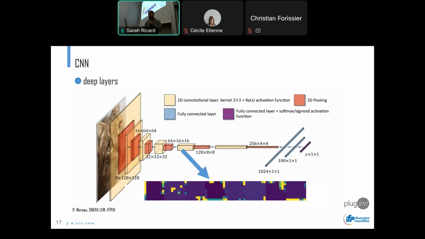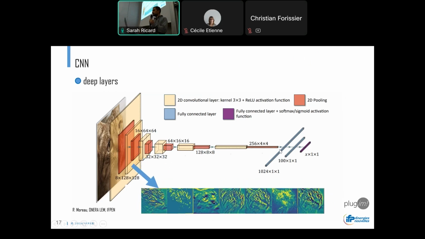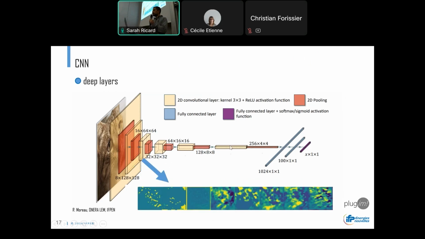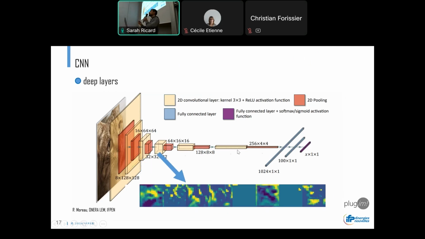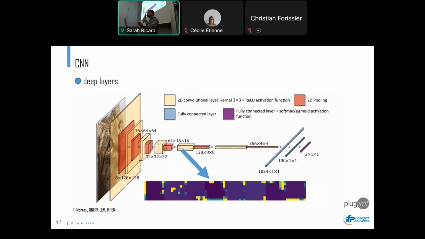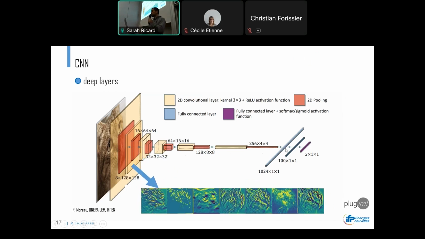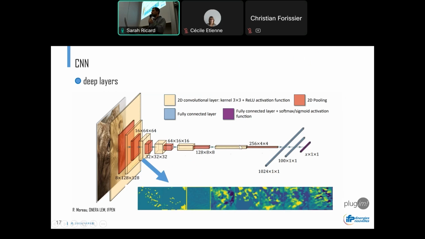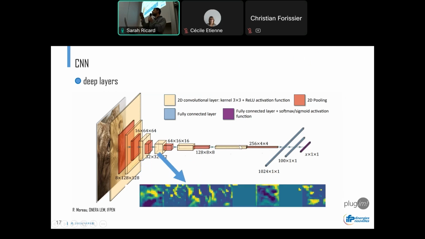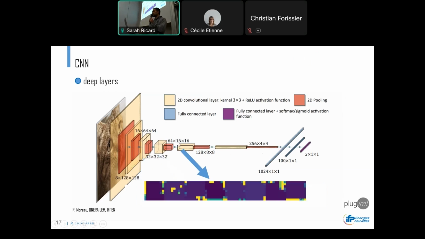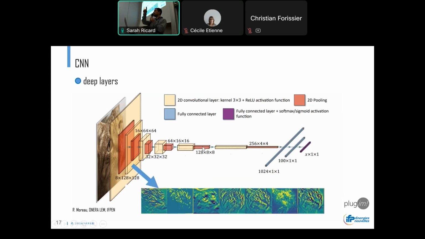If you understand well here, if we go from the description, okay, we have a convolution. In classical architecture, it's only 3 by 3 convolution. We use almost in every architecture only 3 by 3 convolution. Okay, so you take from a vector, you have a 3 by 3 convolution. So it's like you increase by size 1 your vector. Okay, you have a max pooling operation, so you increase by the size 2. You have a convolution, you add 1.